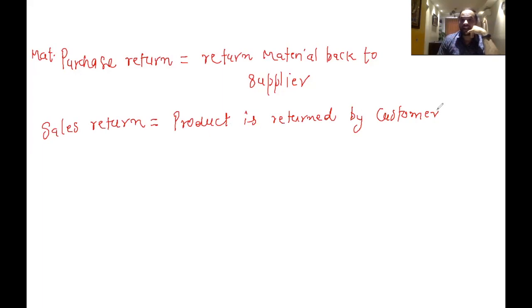If the customer paid cash, cash will reduce because you have to give cash back. Like purchase return, where you receive cash back and return your material, in sales return you give cash back and take your product back. So sales return will be debit, and cash credit or accounts receivable credit, depending on whether it is cash or credit, right? So these are the purchase and sales return.